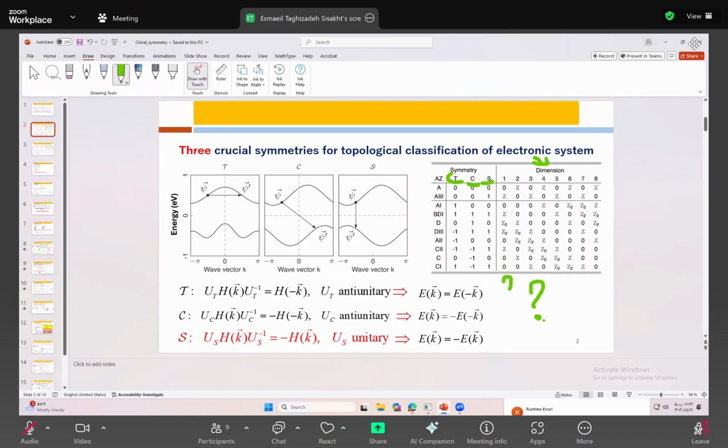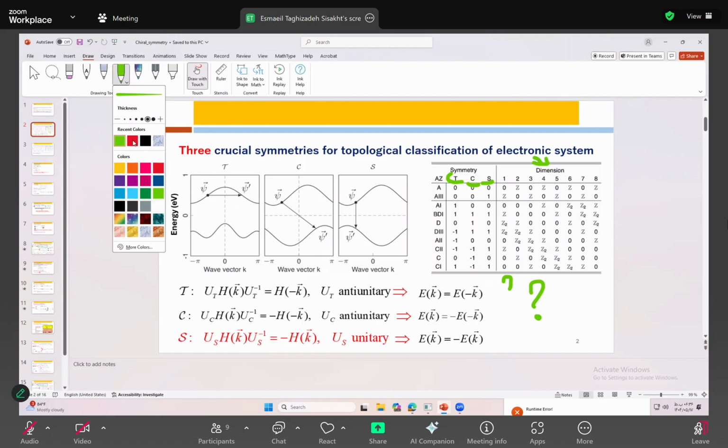Here I want to explain the concept of these three symmetries when we are looking at the band structure. I mean, at a glance, how can we interpret these three symmetries? The first one is the transversal symmetry.